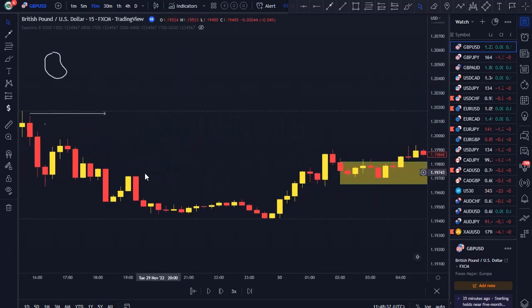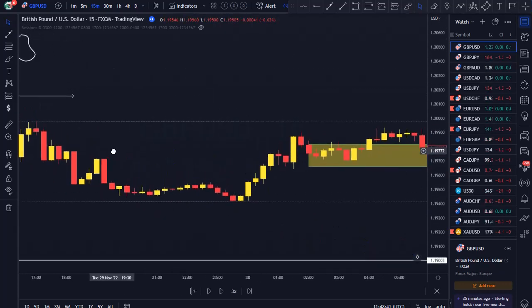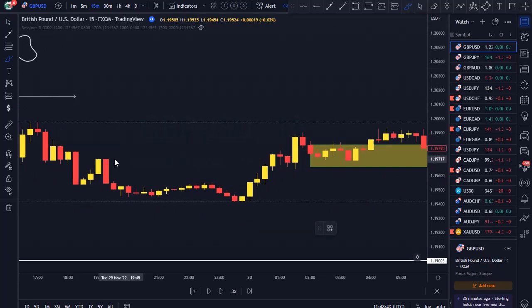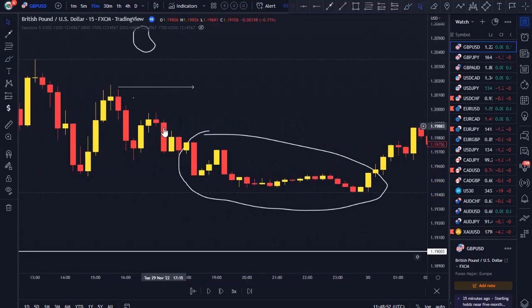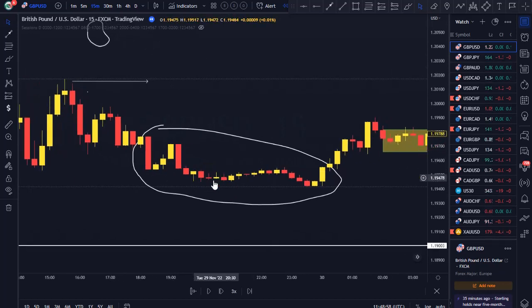Now let's interpret what happened in this zone. As a trader, you don't need somebody to tell you that something wrong is happening here, because you observe how strong the bears were pushing, see how strong their candles were, and suddenly you start seeing that the candles were choppy. They were very small.